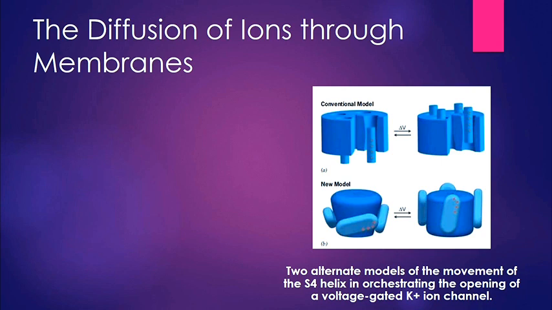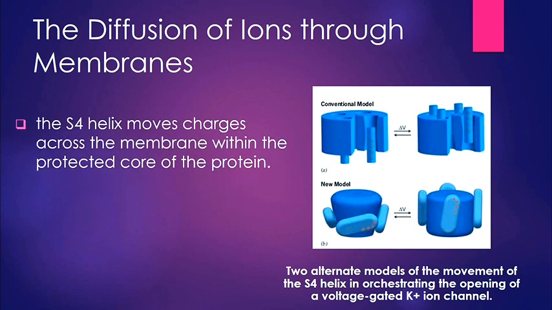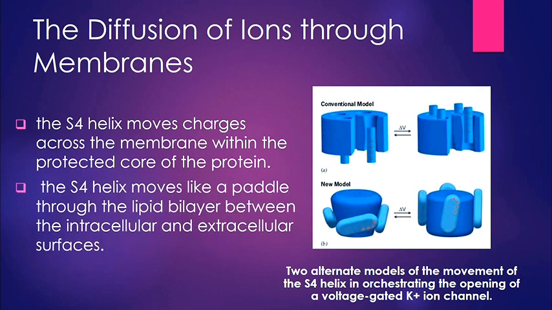So in figure A, a conventional model based on the type of structure shown in the previous slide, in which the S4 helix moves charges across the membrane within the protected core of the protein, while the figure B, which is the new model based on the type of structure which is also shown in the previous slide, in which the S4 helix moves like a paddle through the lipid bilayer between the intracellular and extracellular surfaces.